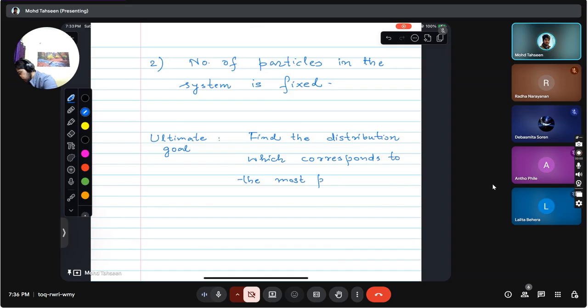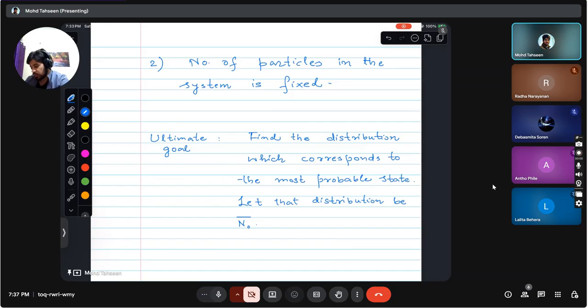Let that distribution be n naught, and I am going to place a bar over it.